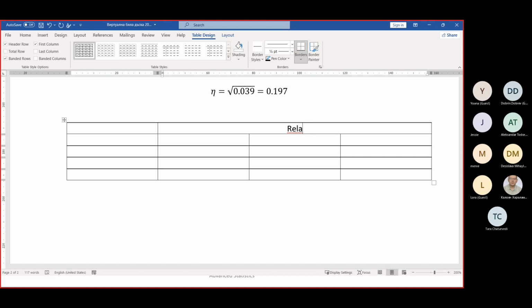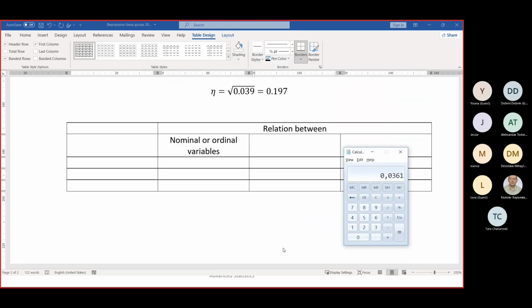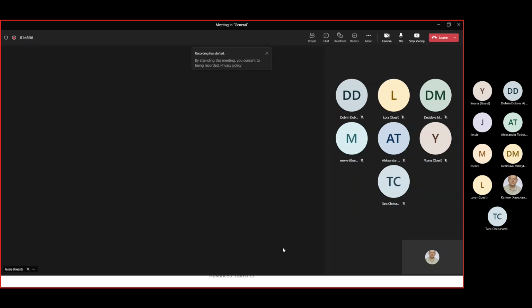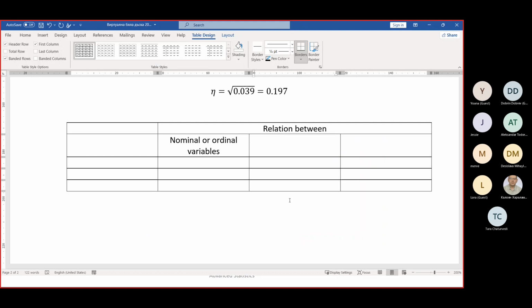Relation between nominal or ordinal variables. Did I start record? Maybe no. Okay, oh yes, I did. Okay.